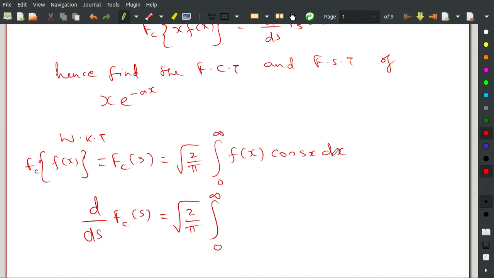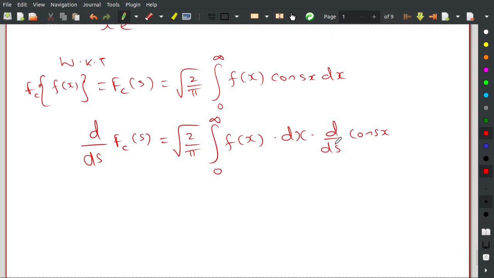Since the integral is with respect to x, we can take this differentiation inside, so therefore we have f of x dx into d by ds of cos sx. Okay, and this is nothing but root 2 by pi integral 0 to infinity f of x dx into minus sine sx into x.